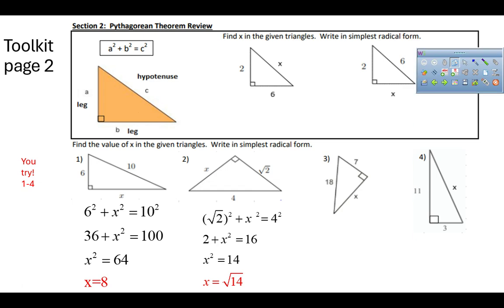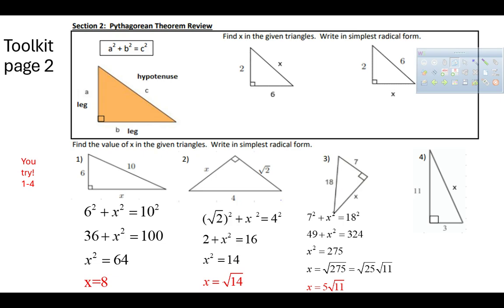Next one, hypotenuse is 18. So just make sure the 18 is on the other side. Now for this one, I end up with root 275. That does reduce, right? 275 is divisible by 25, which is a perfect square. So I had to split that one up. So the answer is not root 275, it's 5 root 11.